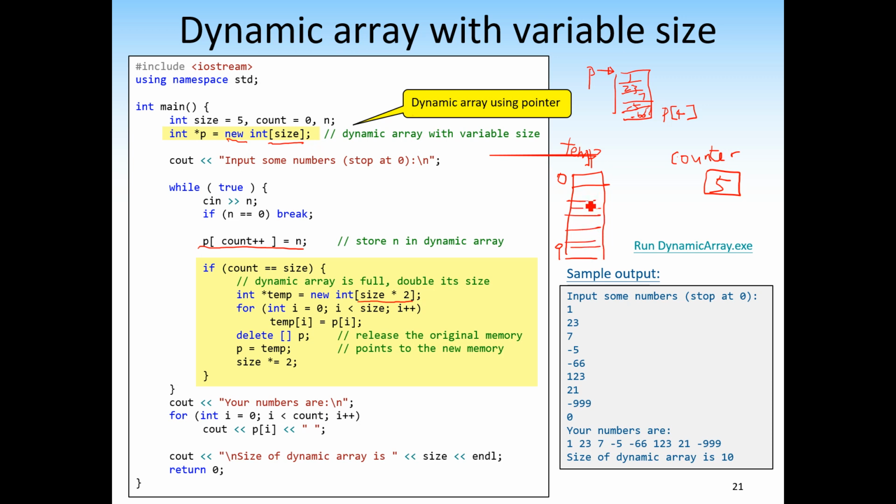So in total 10 cells. And then after that, from 0 to smaller than size, we just copy. It means that we would like to copy all those contents into there. So it is 1, and then 23, and then 7, and then -5, and then -66.